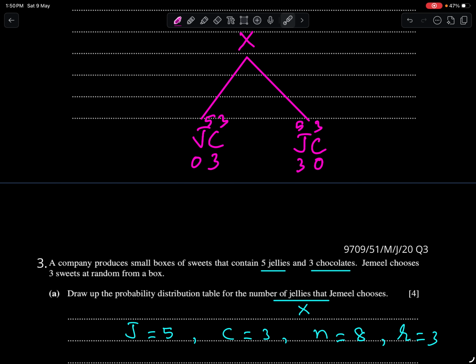Here 0 is possible because total is 5, and this 3 is possible because this is 3. What if this is 2 chocolates? Then this 3 would not be possible. Then the answer would be 1 and 2. But since this is possible, J can take 0. I mean, there could be 0 jellies minimum. So the values of X are 0 to 3. 0, 1, 2, 3. This is the minimum, this is the maximum.